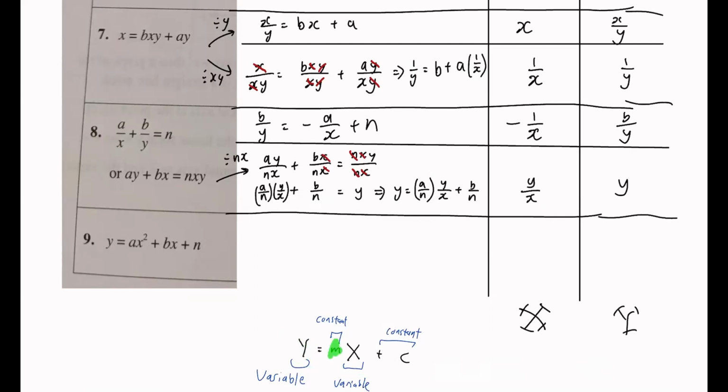Then after that, constant times variable plus constant. Okay, fine. You can also have your variable involve constants. What do I mean? Let's just move the n over. So you get y minus n equals ax squared plus bx.